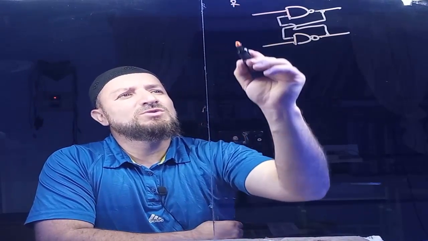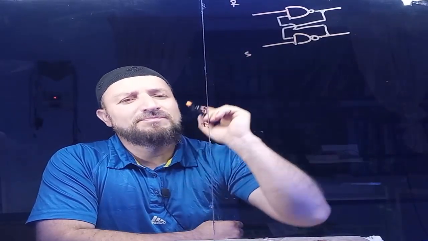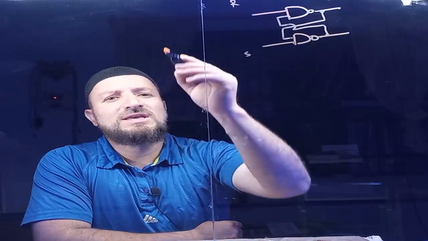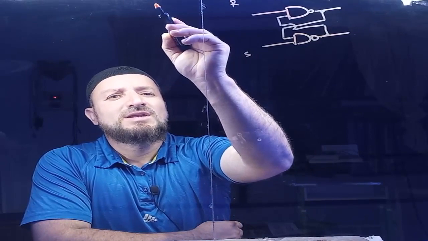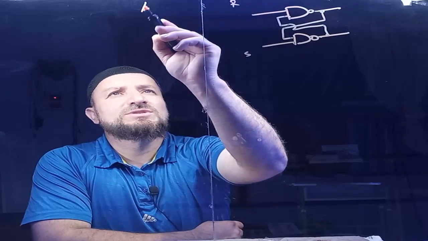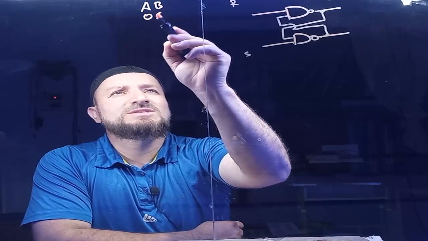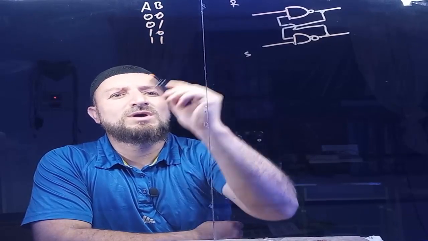We said this is our R, and we usually call this one S, for example. If we see the NAND truth table, where this is A and this is B: 0 0, 0 1, 1 0, 1 1.